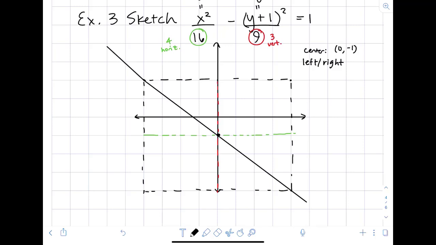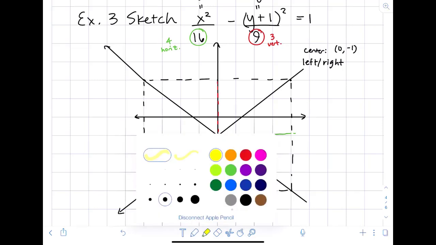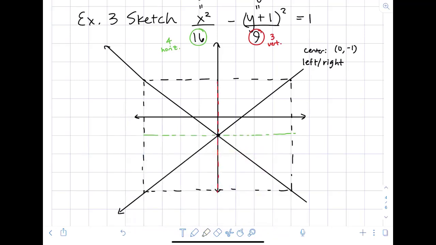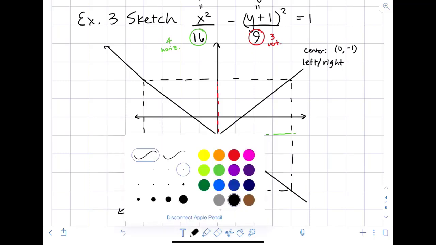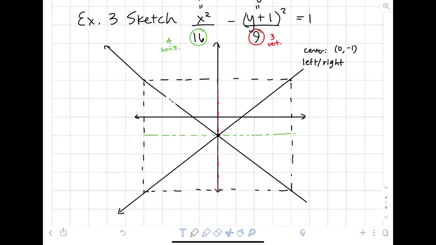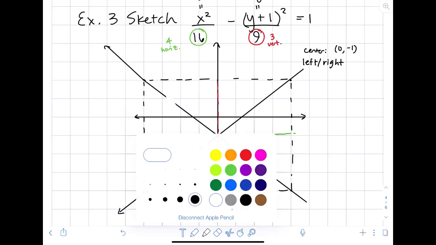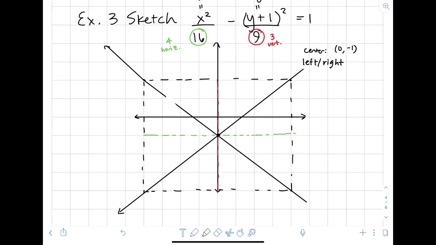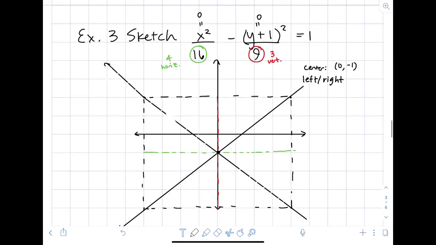So there's my asymptotes. So just kind of identifying that these are supposed to be dashed.